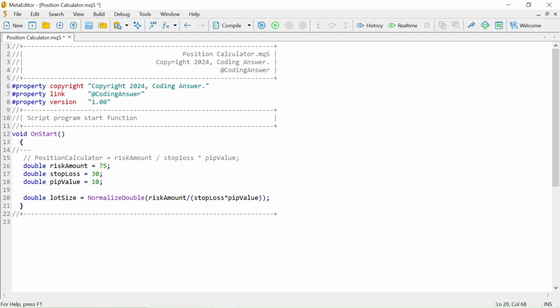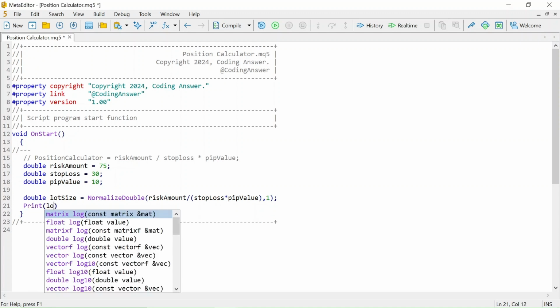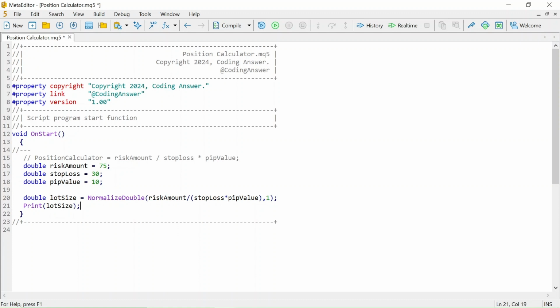Because with these you can get really long numbers, we'll NormalizeDouble, and we want only one number after the decimal point, and we are just going to print the lot size. So that's it.